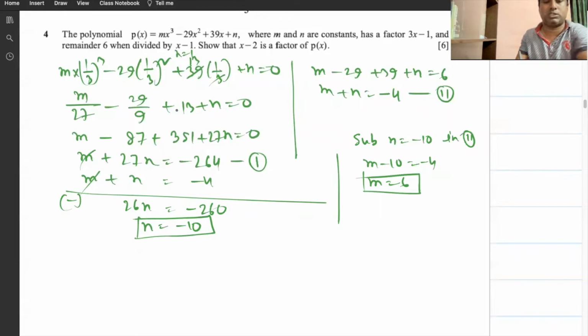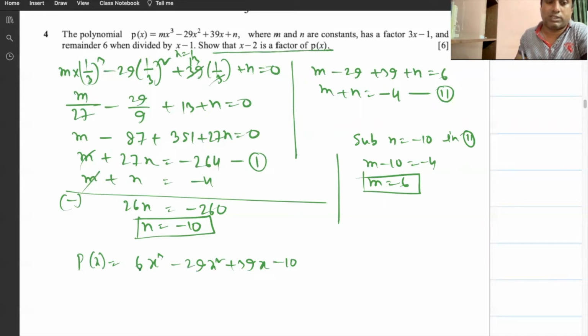Now let me use these values here in p(x) equals 6x cubed minus 29x squared plus 39x minus 10. Since we need to show that x minus 2 is a factor, we will put x equals 2 here: 6 times 2 cubed minus 29 times 2 squared plus 39 times 2 minus 10.